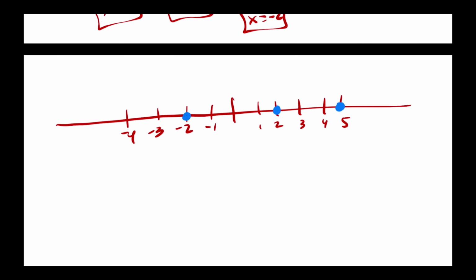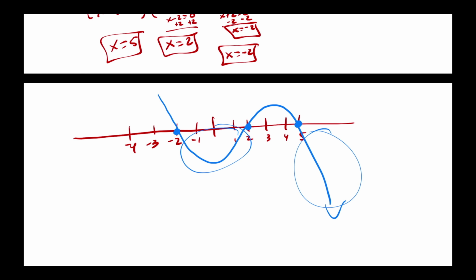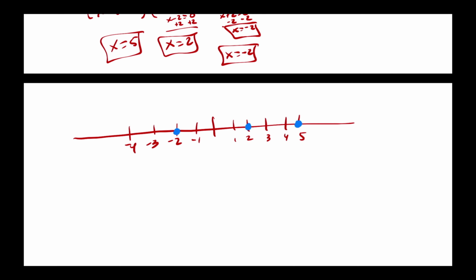So now we have to ask ourselves, does the graph do this? Or does the graph do this? Is it below right here and right here? Or is it below, oops, come on.